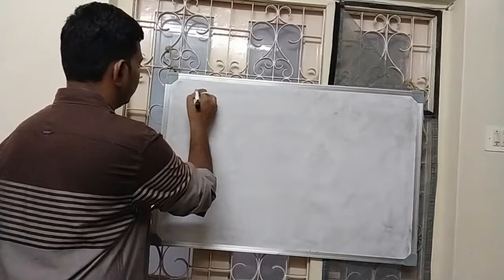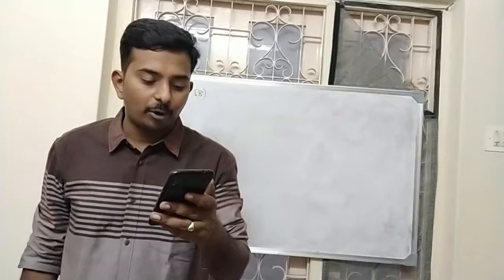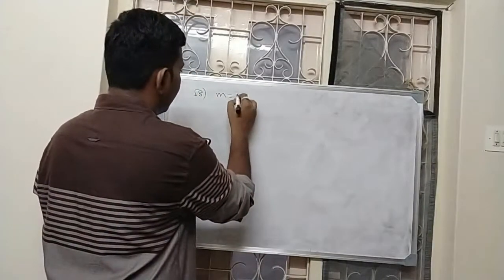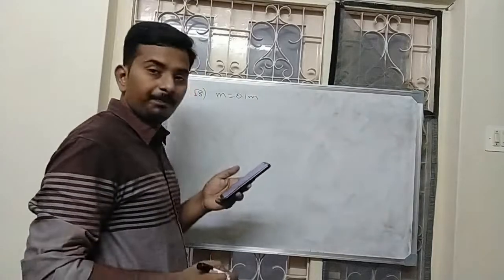Coming to the next question, question number 58. A 0.1 molar aqueous solution of a weak acid is 30% ionized. If Kf for water is 1.86 degrees centigrade per mole, the freezing point of the solution will be. So the concentration is given as 0.1 molar.